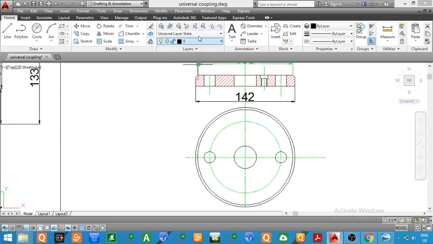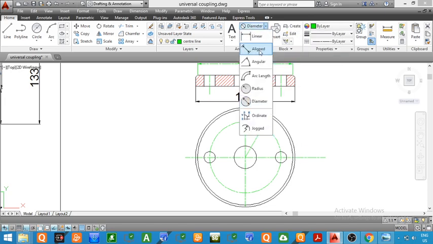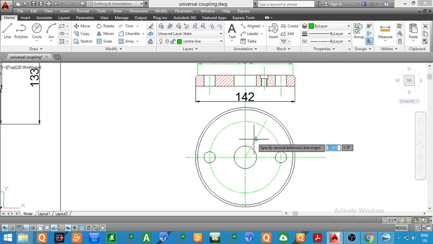Now first we will draw the center lines for the remaining holes. The first center line will be at an angle of 60 degrees. So now here we will draw a line at an angle of 60 degrees. Now you can see this inclined line is at an angle of 60 degrees. Now we'll give the dimension.